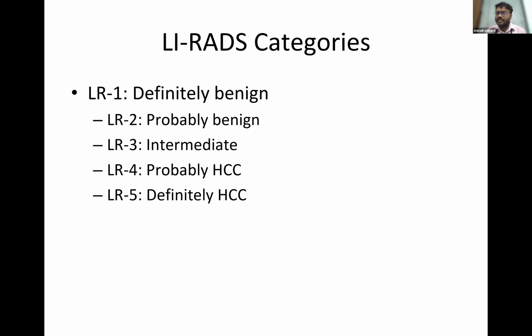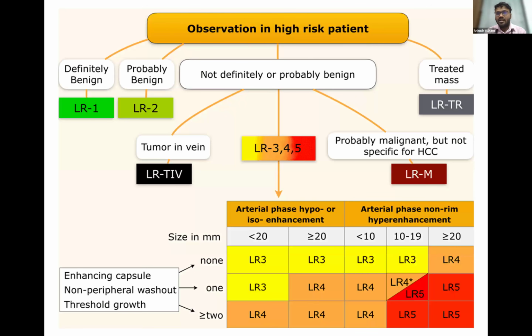So one is definitely benign like cyst, 2 probably benign, 3 is intermediate, 4 is probably HCC, 5 is definitely HCC. So here, like we have seen in the previous case, if the tumor goes into the vein, it is called LR-TIV.